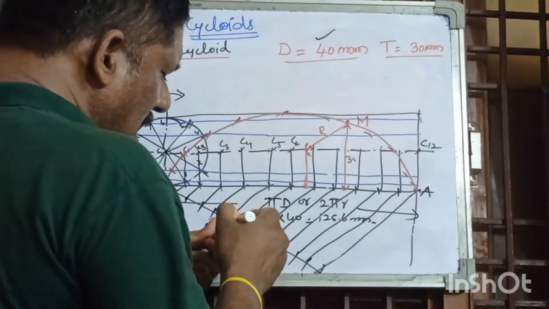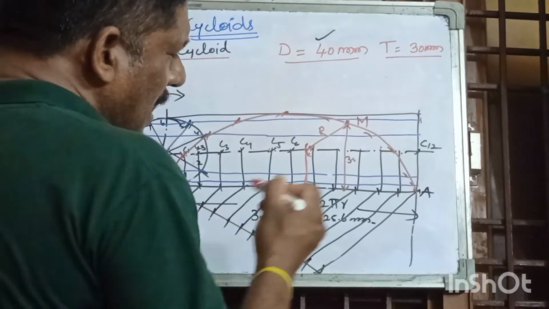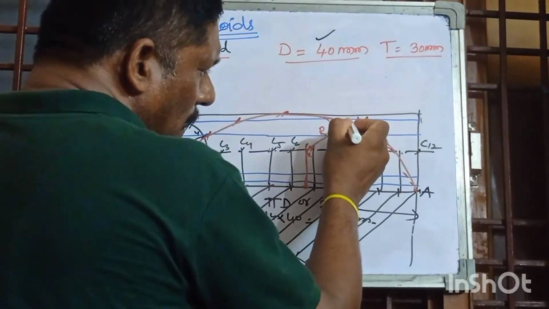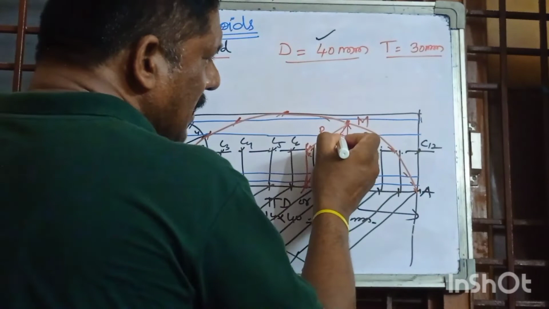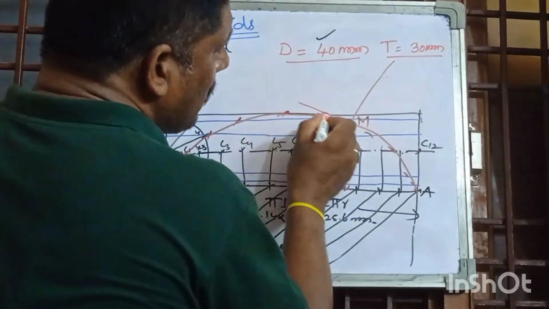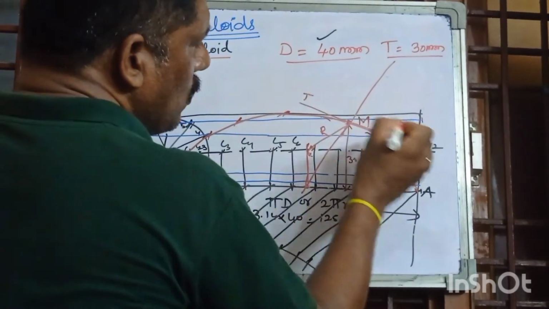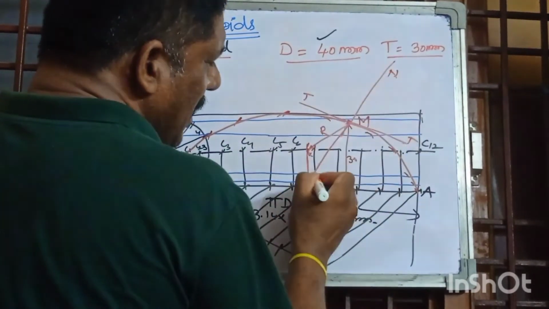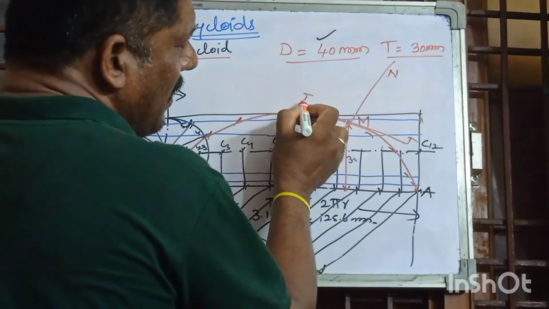Now join this point and M by a straight line and extend the line. This is called the normal, and perpendicular to this line is called the tangent. So you observe here, first we get the normal and then we get the tangent.